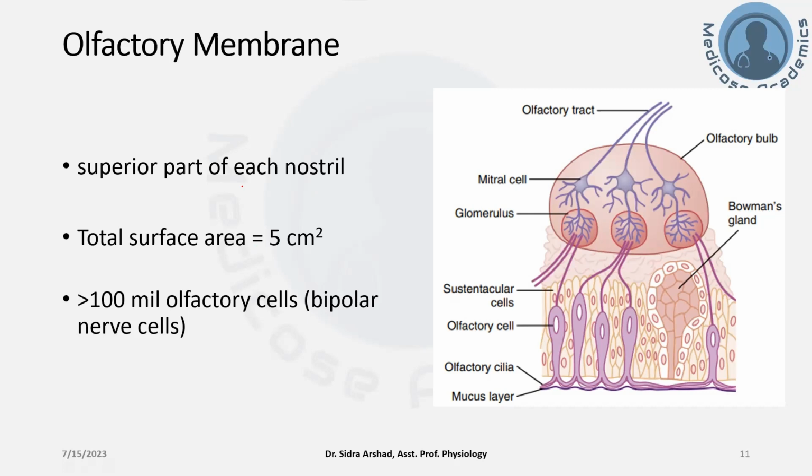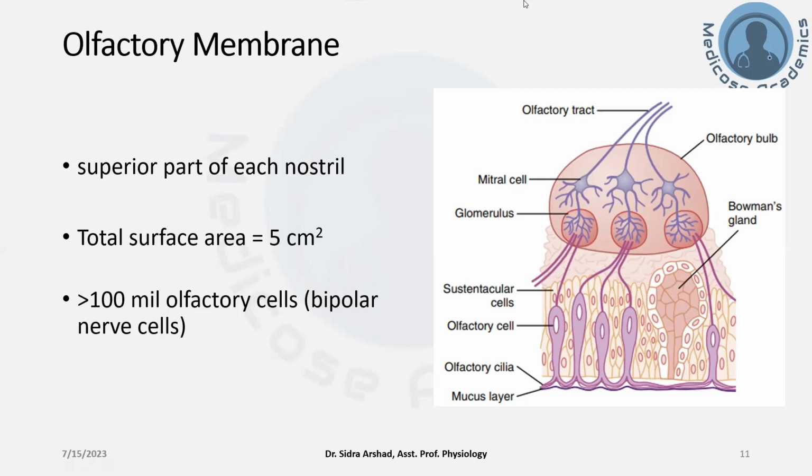It extends from the upper part of the nose up to the superior turbinate, where it folds over that turbinate and almost reaches the middle turbinate as well. The total surface area of the olfactory membrane is 5 square centimeters. There are more than 100 million olfactory cells in the olfactory membrane. These olfactory cells are actually bipolar nerve cells.